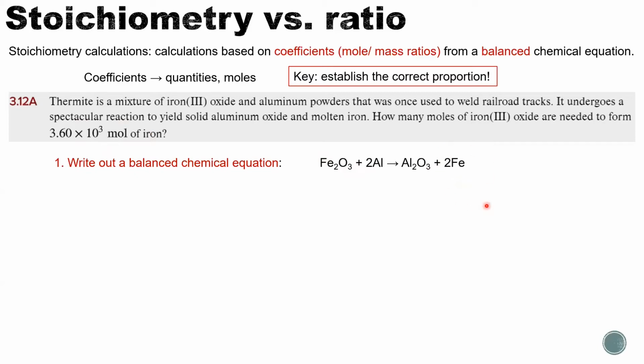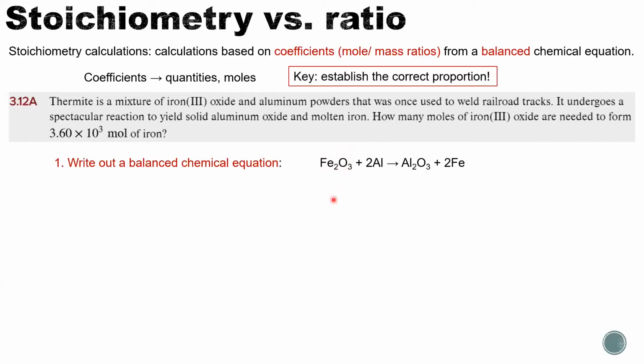Every molecule in the chemical reaction needs to strictly follow the ratio from this chemical equation. So if the amount of product is provided, due to the restrictions of this chemical reaction, we can get how many reactants are needed.